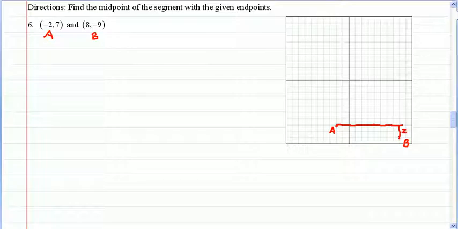So I have 2 vertically and 10 horizontally. If I take both of those values and divide them by 2, I would have 5 and 1. So from A, if I move over 1, 2, 3, 4, 5, and then down 1, this will be my midpoint, which appears to be the point (3, -8).